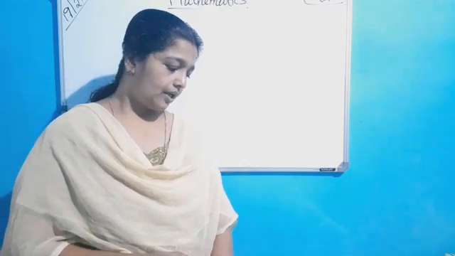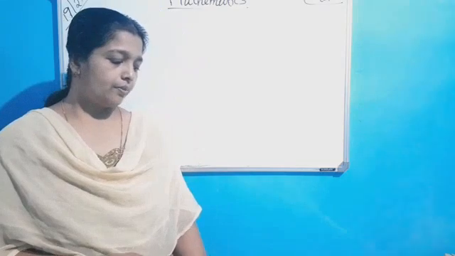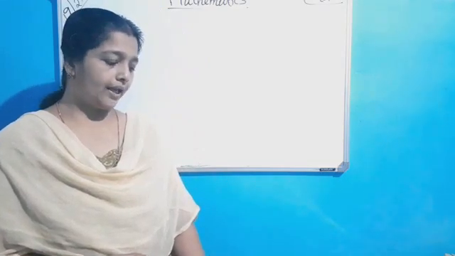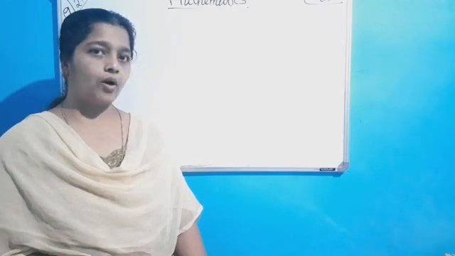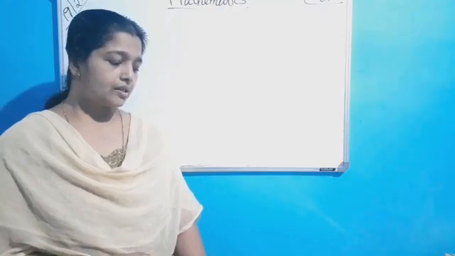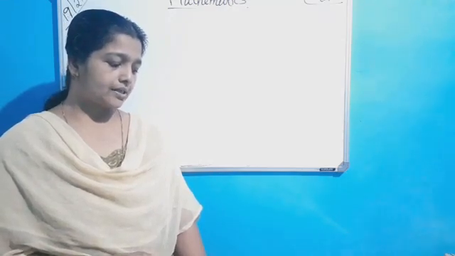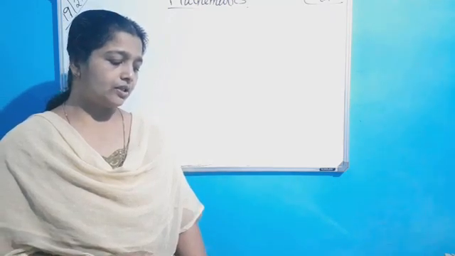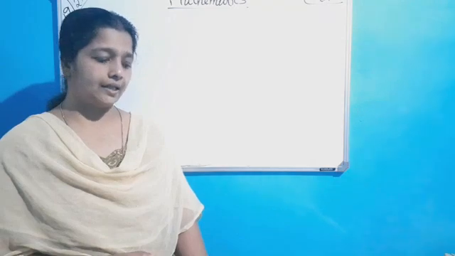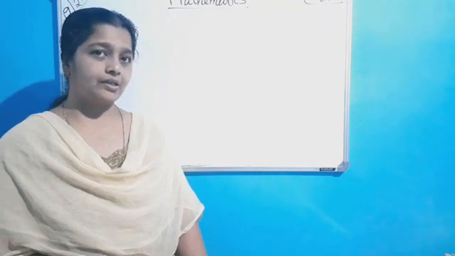Next, question number 5. Given AB of length 7.3 centimeter and CD of length 3.4 centimeter, construct a line segment XY such that the length of XY is equal to the difference between the lengths of AB and CD. Verify the measurement.